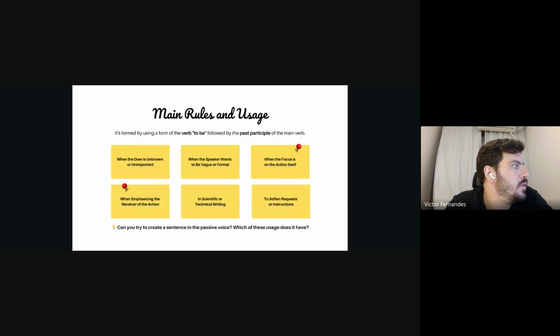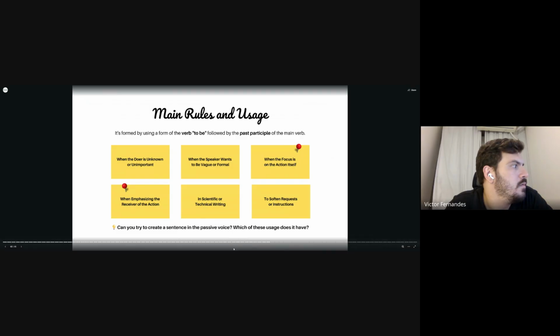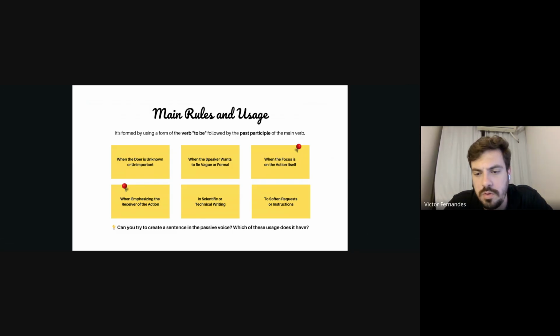Main rules of usage. Should I read that? Okay, so the main rules of usage: it is formed by using the form of the verb to be and the past participle of the main verb. It's used when the doer is unknown or unimportant, or you know it but you choose to hide it, that's extra information you could put.